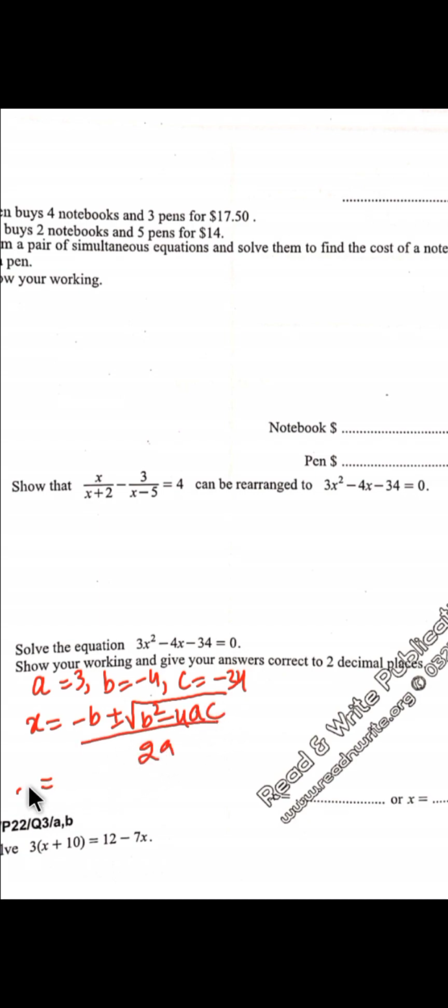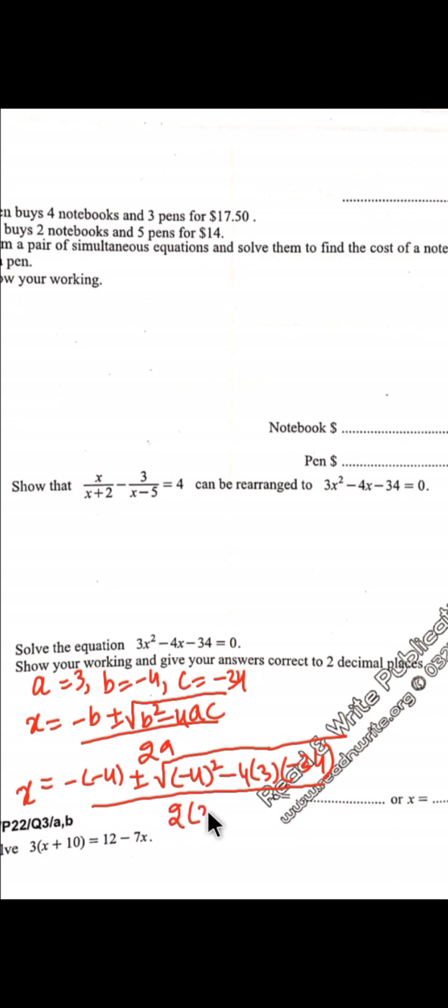Now we substitute the values. So here x is equal to minus into minus 4 plus minus square root of minus 4 squared minus 4, then a is 3 and c is minus 34, and divided by 2 into 3.